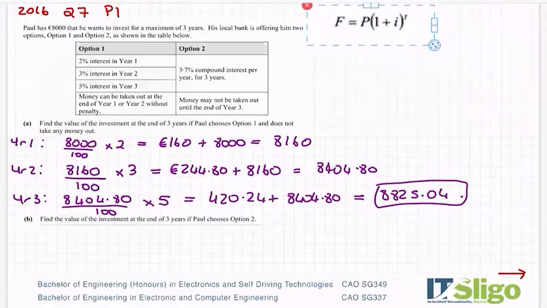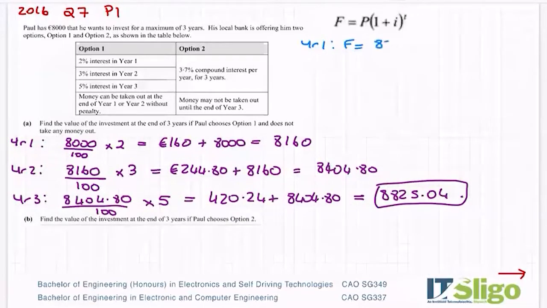Okay, but is there any way I could use that formula? Because let's think there's some students out there who would prefer that formula. Well, yes, but you just have to do it 1 year at a time. So in other words, at the end of year 1, my final amount would be 8,000 times 1 plus my interest rate in year 1 is 2%.